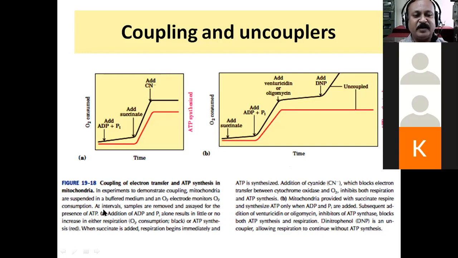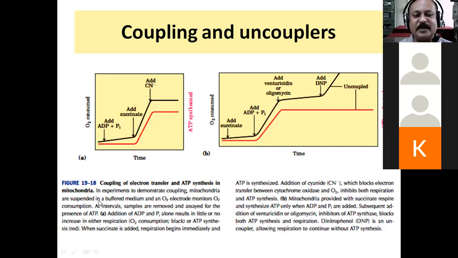Now at different intervals of time, we remove a small amount of sample, maybe 1 ml or 500 microliters. These samples are analyzed for the presence of ATP. How much ATP is formed can also be determined by a biochemical reaction, a very common one called the luciferin-luciferase assay.